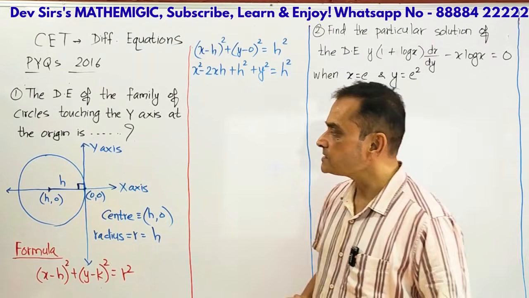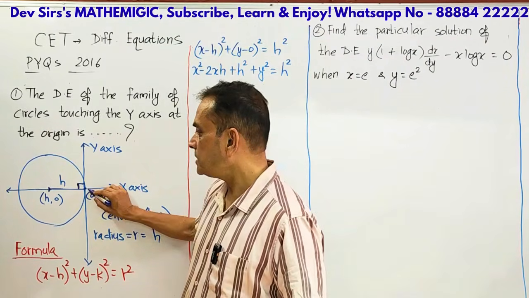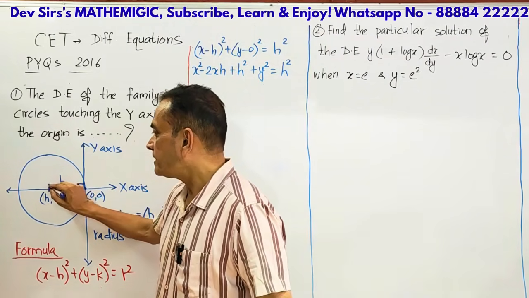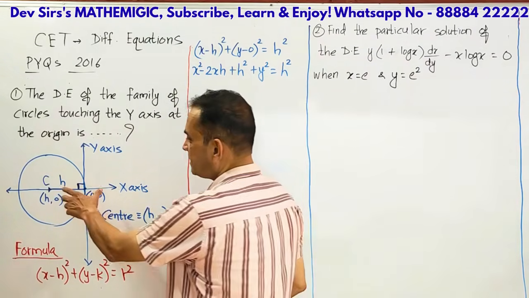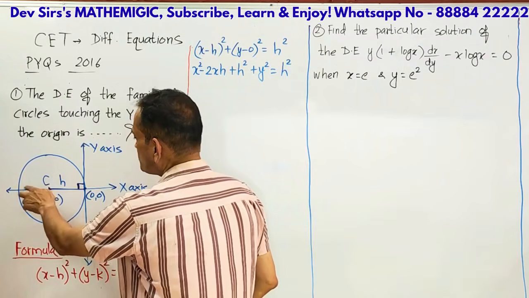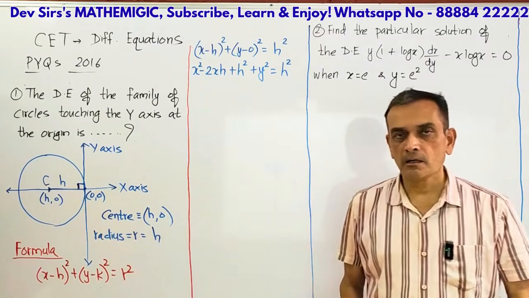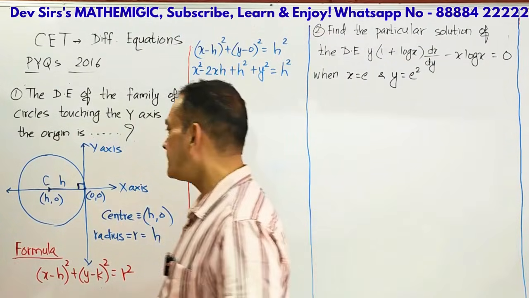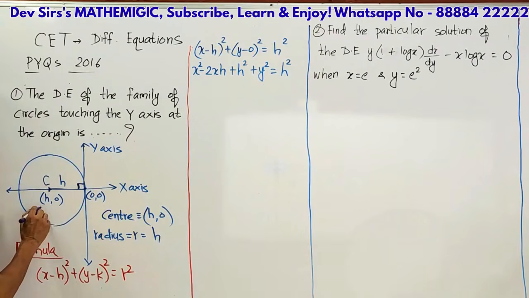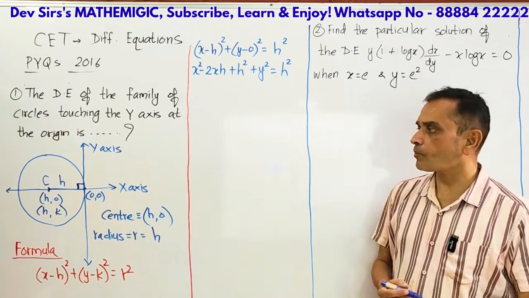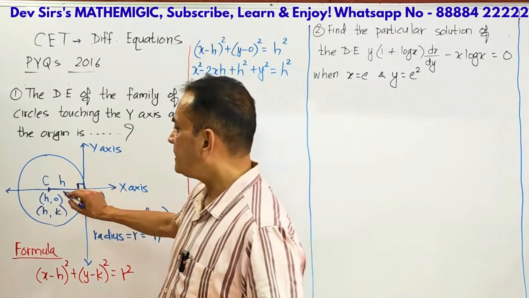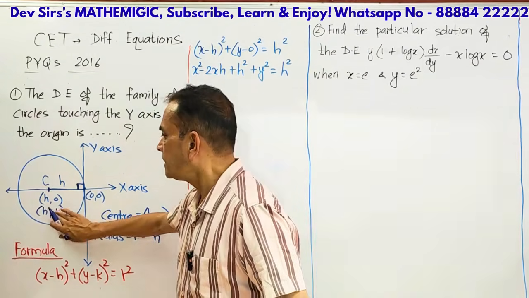Now after doing this, this is the origin, the center, supposing I call it as C. Obviously when this is the radius, center lies on the x-axis. Now usually center is taken as h, k. To use center radius form, center is taken as h comma k. But because the center lies on the x-axis, k becomes 0.